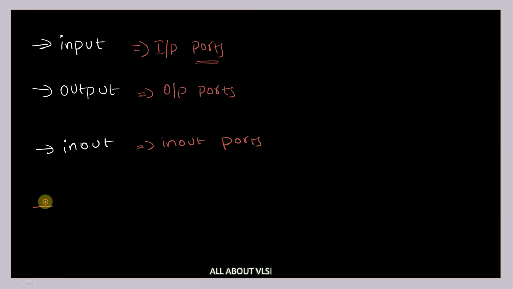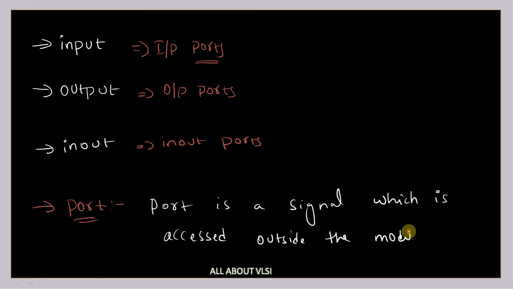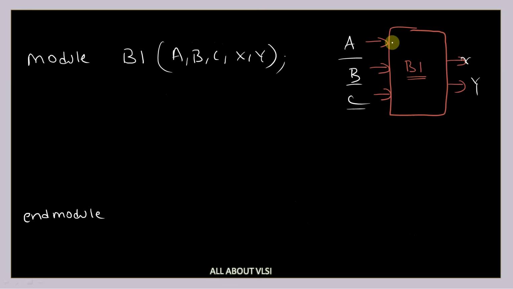What do you mean by port? Anyone can tell me? So you can see here, your port is actually available to the outside of the module's environment. Okay. And if you declare any internal signal, that is not accessed outside the module. But if you declare any signal as a port, that can be accessed outside the module. This is the difference between your port and internal signals.